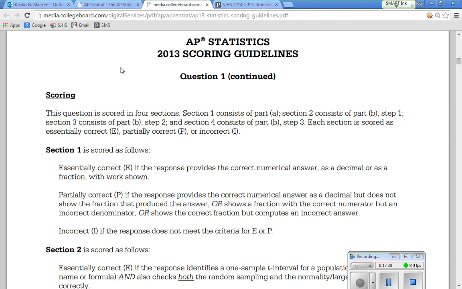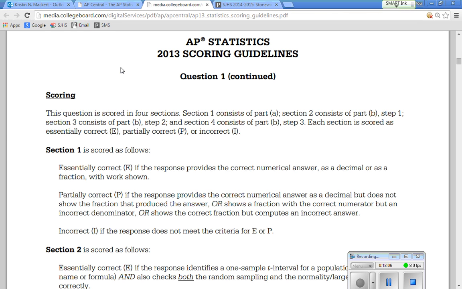So if you do the correct decimal without the fraction, apparently it only gives you a P here. So we've answered our question, haven't we? If it's asking you for a proportion, guess what you should do? Write it as a fraction. Okay? And I, obviously, if you don't do either. Okay? Good. So does that mean we have to do it as a decimal too then?